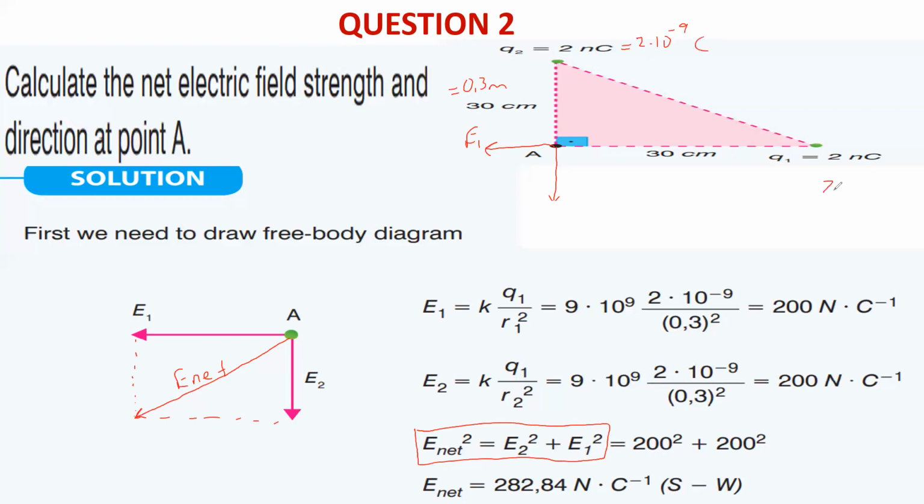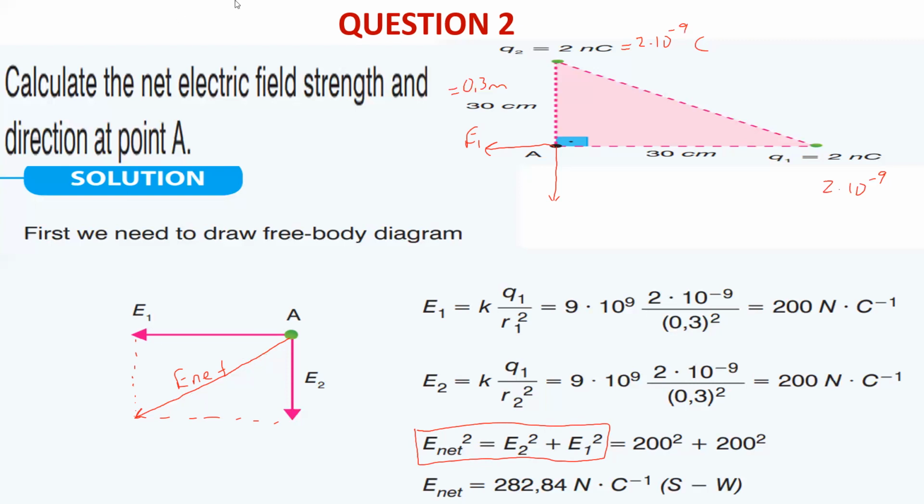This one is also the same, 2 times 10 to the power of negative 9 coulombs. You calculate E1, E2, 200 each, and then using this formula, finally you get 282.84 N C to the power of -1. Southwest is the direction for E net. I hope it's okay. This is our question 2.